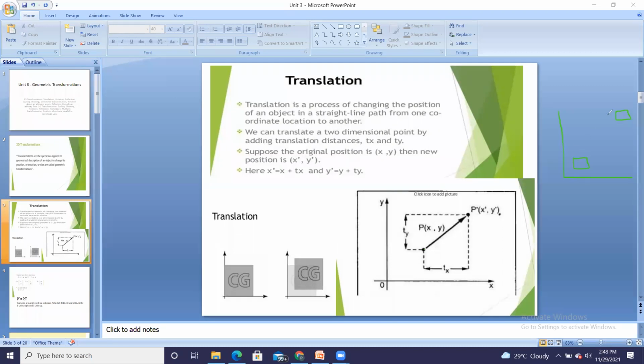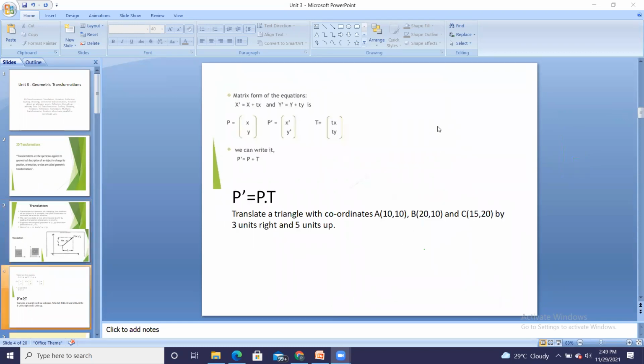Then we can shift this to a new location. So a single point is shifted by adding tx and ty. Similarly, here is a set of 50 points. If I want to shift those 50 points, then every pixel will have the addition of tx and ty, and then you will get a new location here. Okay.